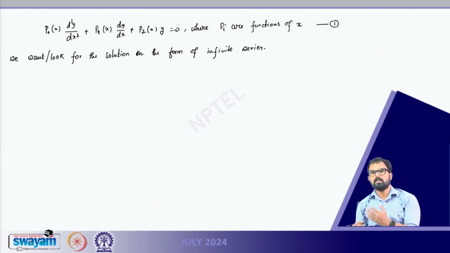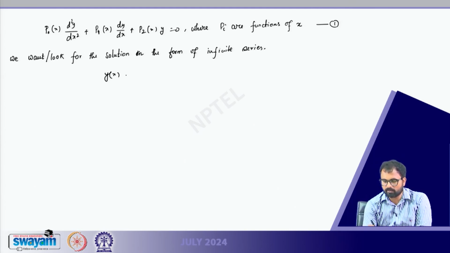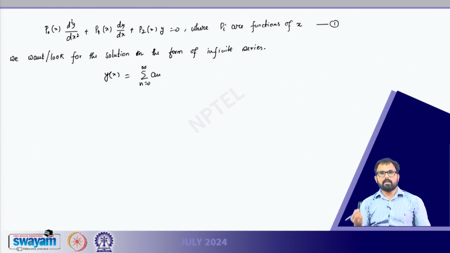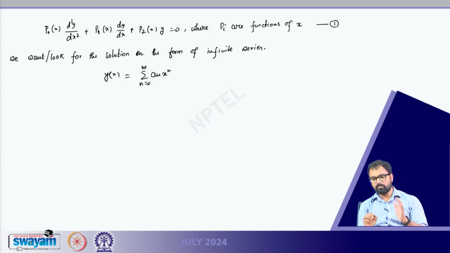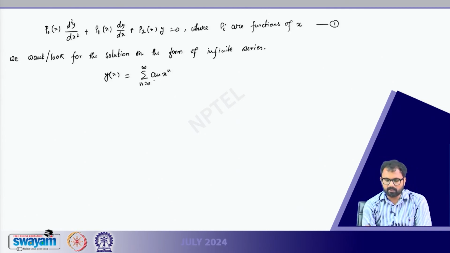Series solution means that you want to write the solution y(x) of this equation as an infinite series of this type, a_n into x to the power n, where the coefficients a0, a1, a2, a3 and so on can be determined from the given equation. We'll see how to determine these constants. Our ultimate goal is to write the solution in the form of a series.